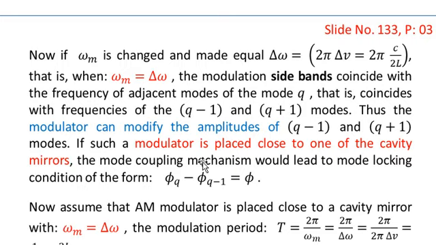If such a modulator is placed close to one of the cavity mirrors, since this description is about the modulator, the mode coupling mechanism would lead to a mode locking condition of the form phi q minus 1 is equal to phi.